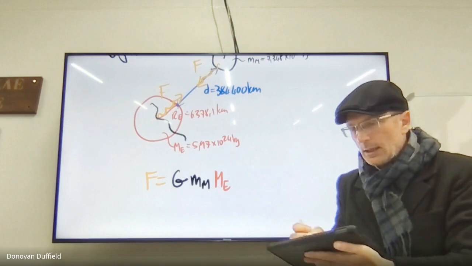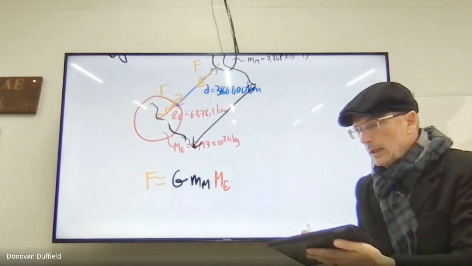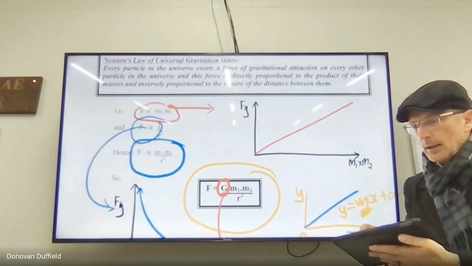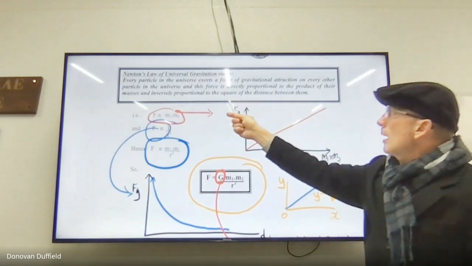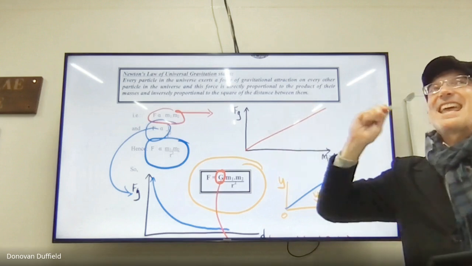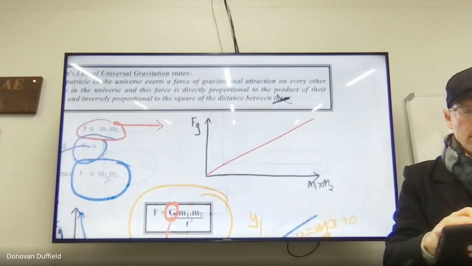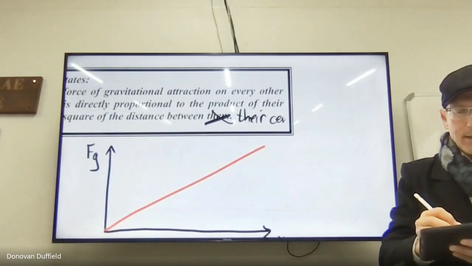Now this you need to be very well aware of. When we deal with this law, ladies and gentlemen, you actually need to be careful. We should actually say the square of the distance between their centers. We need to refine this between their centers.